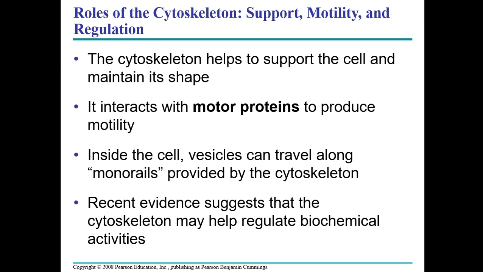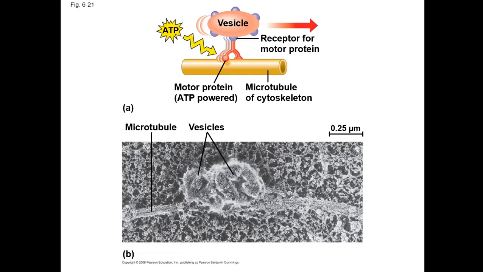Diba? Yung sa contraction. Inside the cell, vesicles can travel along monorails. Pag sinabing monorails, one path lang siya provided by cytoskeleton. Recent evidence suggests that cytoskeleton may help regulate biochemical activity. So here is a typical cytoskeleton interacting with a particular motor protein.